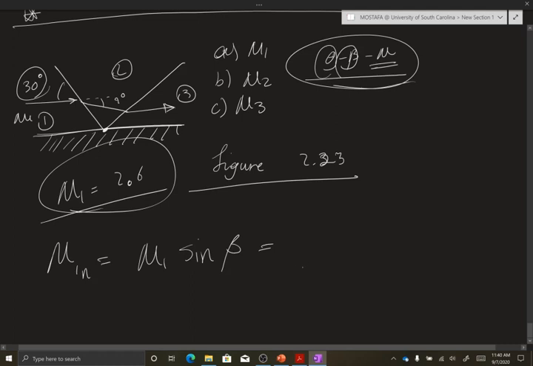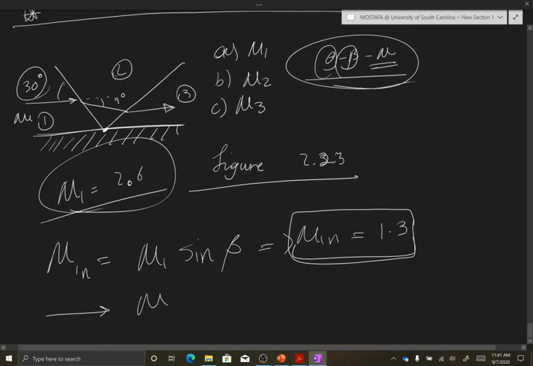Sine of beta is sine of 30 degrees, so it's 1/2. So M1n is going to be equal to 1.3, right? And then for this 1.3, you go to the normal shock tables, which was, I think, appendix C, and find an M2n. That's the normal to the shock, right?